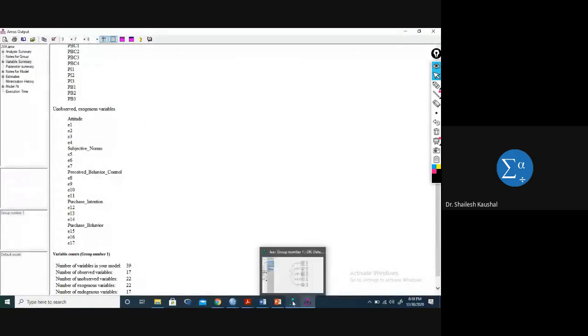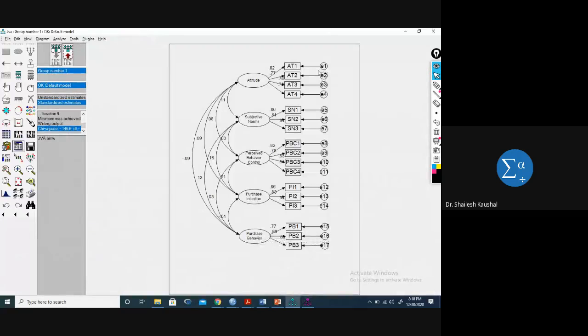Basically, we are representing its regression equation in the form of a path diagram. Here my equation is y equals b0 plus b1x plus error term.